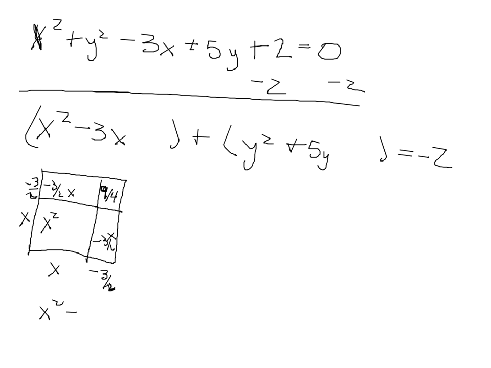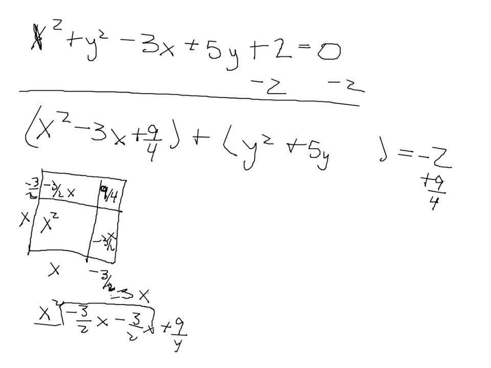Again, I add up the pieces in the square. This gives me the minus 3x that I have up here. So I have x squared, I have minus 3x, I need a plus 9 over 4. So I put it on both sides.